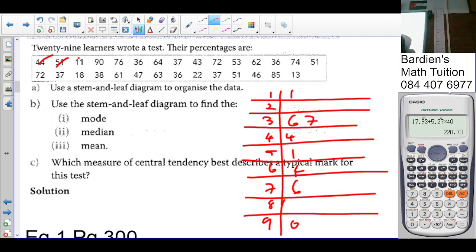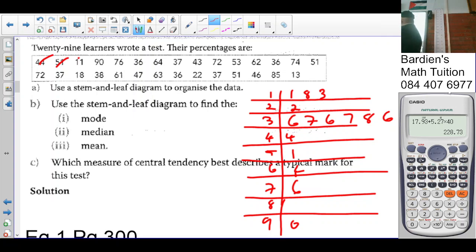The next number, what's the rest of the numbers in the first category? 8, 3, 2, 2, 3, 6, 3. Is it right?